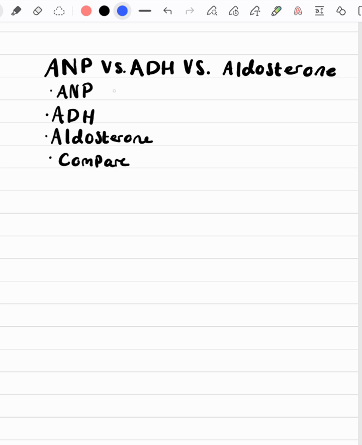So first, ANP is Atrial Natriuretic Peptide, or you can say hormone. So it could be ANH or ANP.